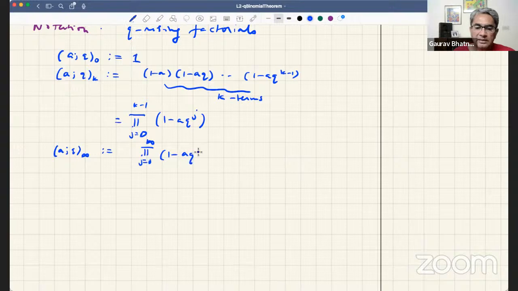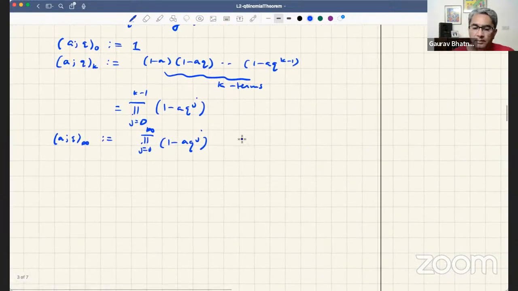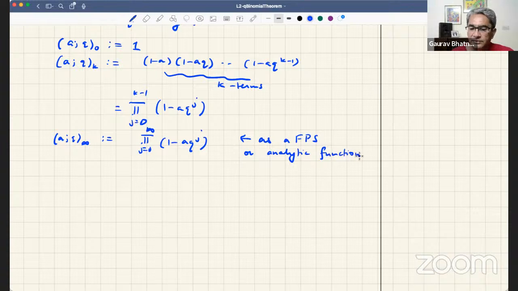The product of (1 minus aq^j). You can regard this as a formal power series or as an analytic function. We haven't really done how to define infinite products, but we will do at some point.